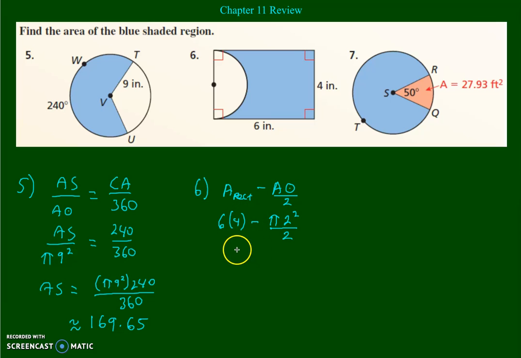Now all we have to do is put this in our calculator. We get the area of the shaded region is about 17.72. That takes care of problem 6, and we'll start problem 7 in the next video.